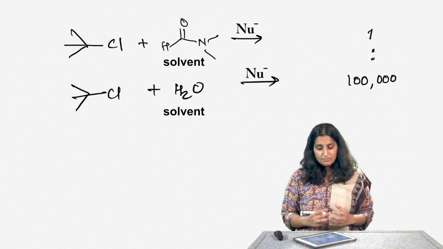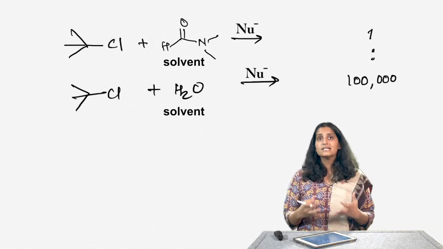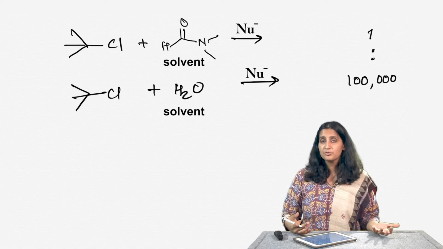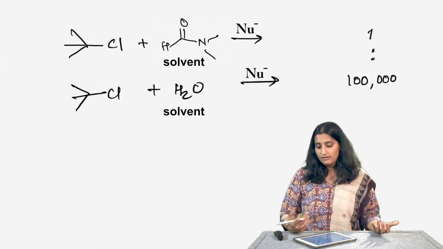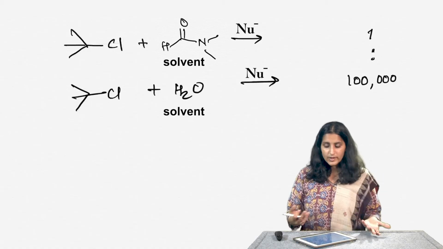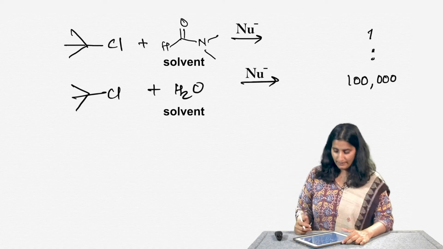That is because water can really stabilize the tertiary butyl carbocation that gets created in the reaction and favor the reaction. We can also explain this based on the energy profile diagrams.